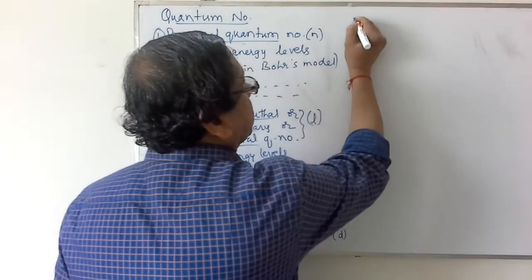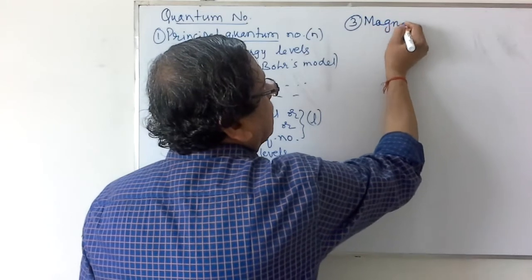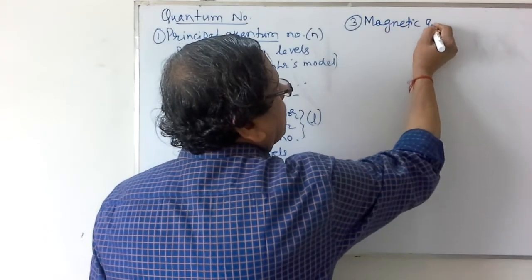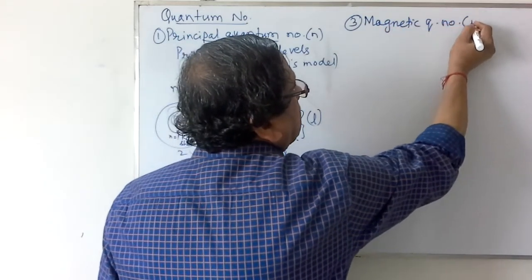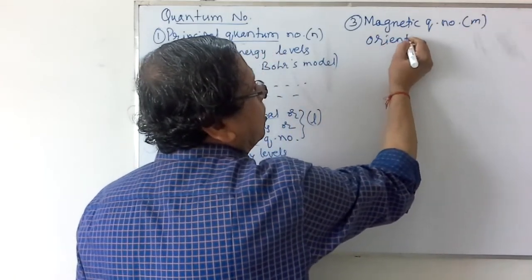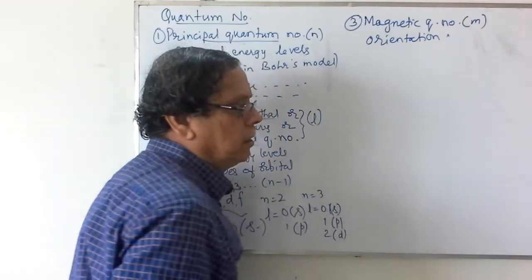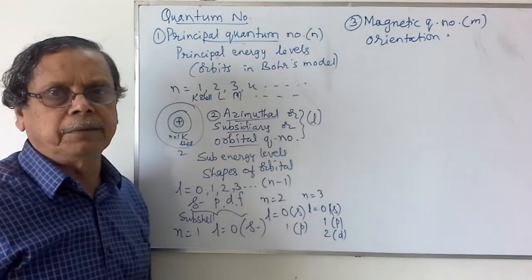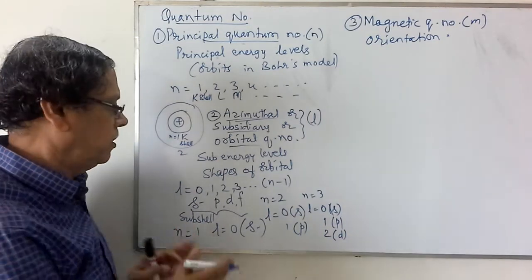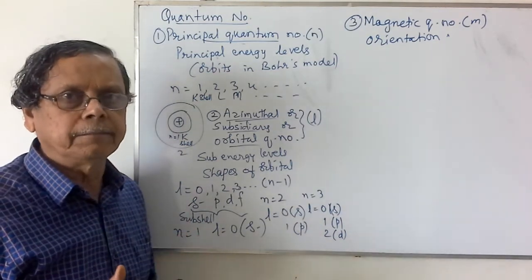The third quantum number is the magnetic quantum number. This magnetic quantum number is also named the orientation quantum number. It indicates the orientation of these various subshells in the presence of a magnetic field.